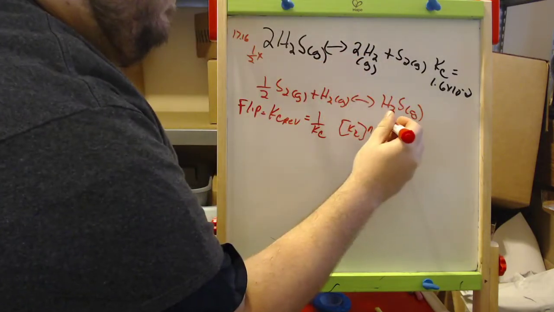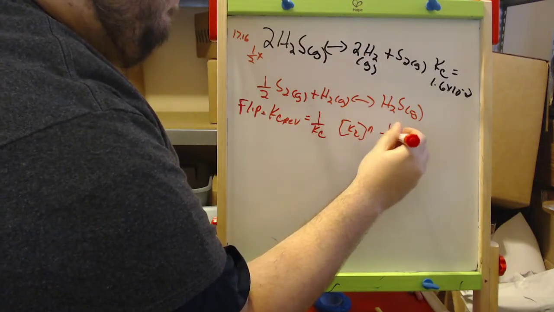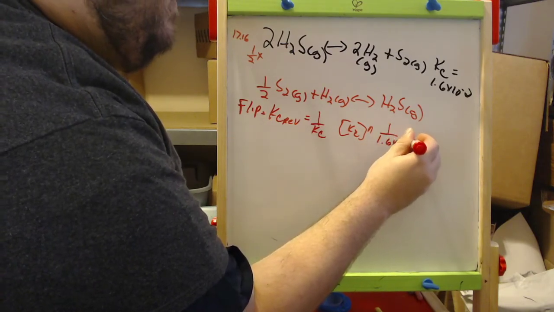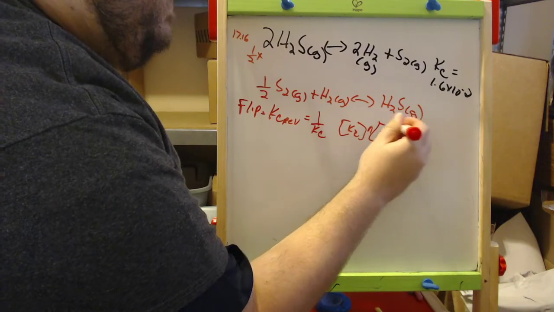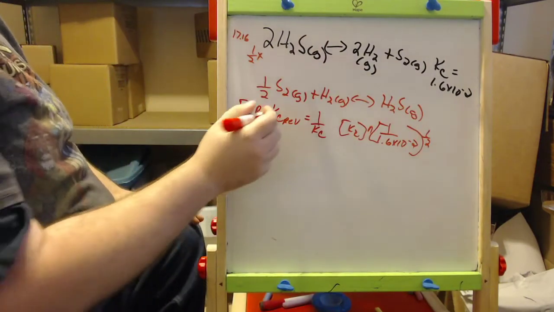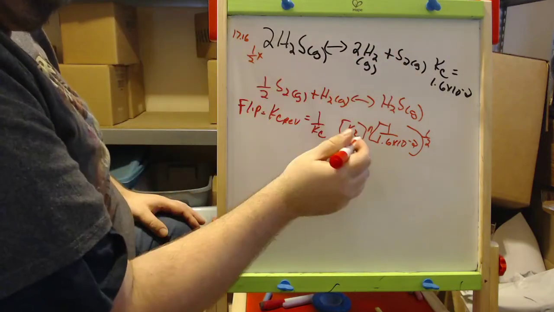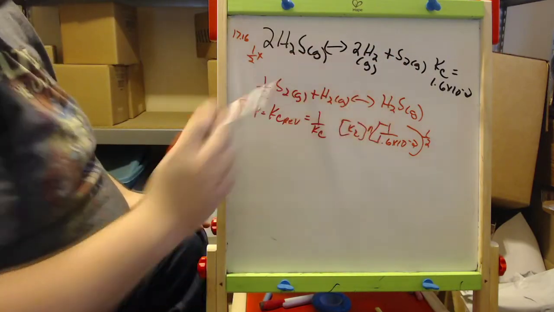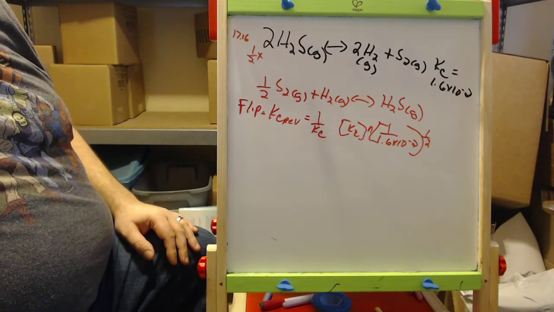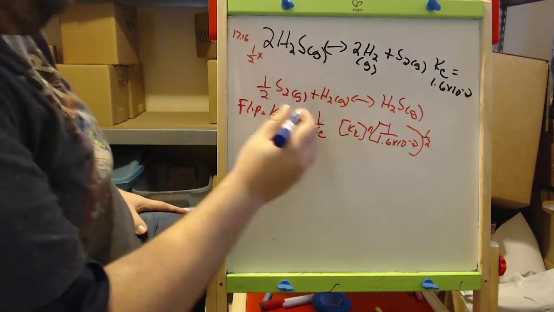So our answer is essentially 1 over the 1.6 times 10 to the negative second raised to the 1/2 power. Because we need to flip it, so 1 over Kc, we need to raise it to the power, so we get that.